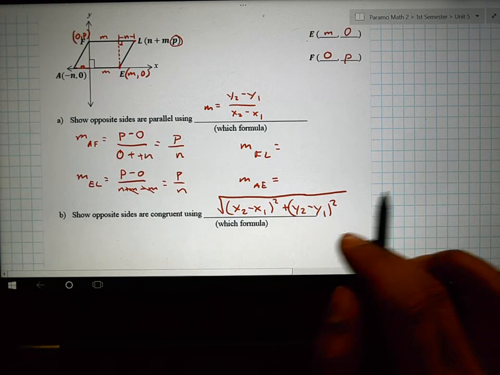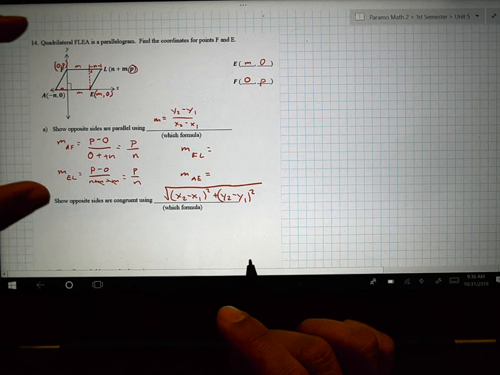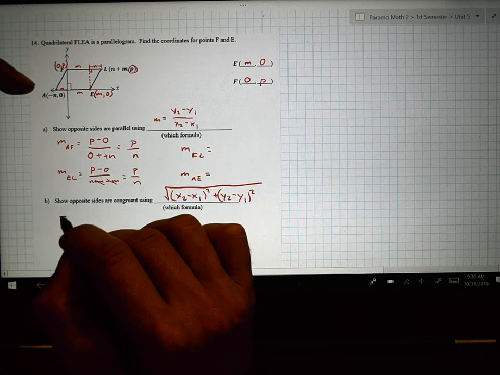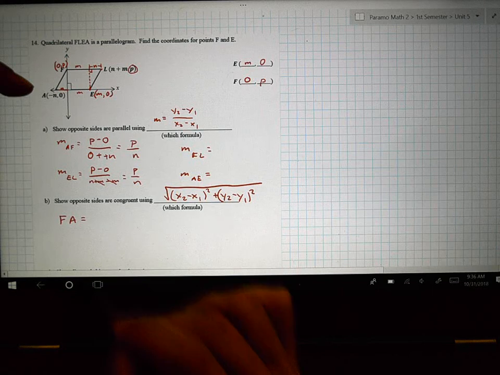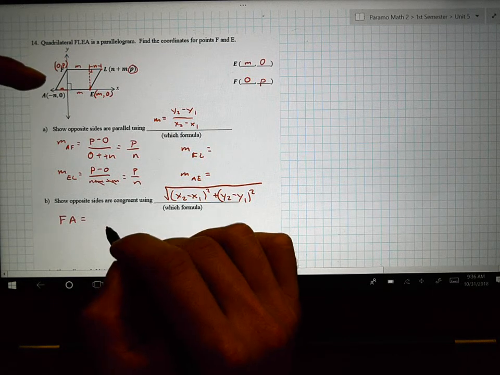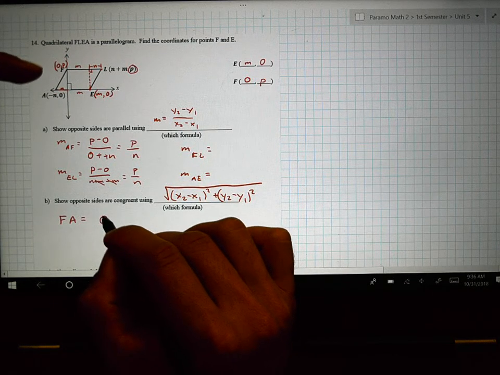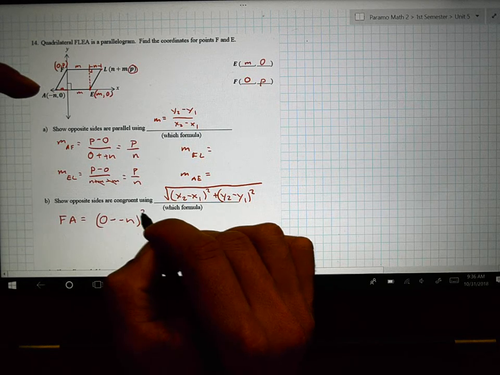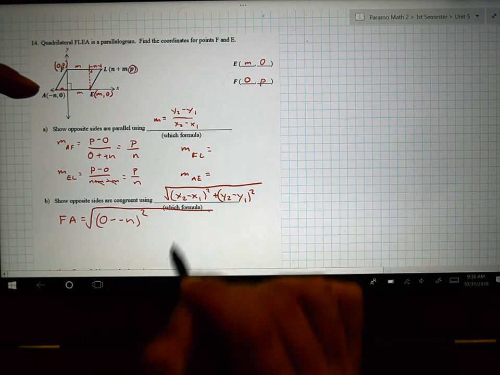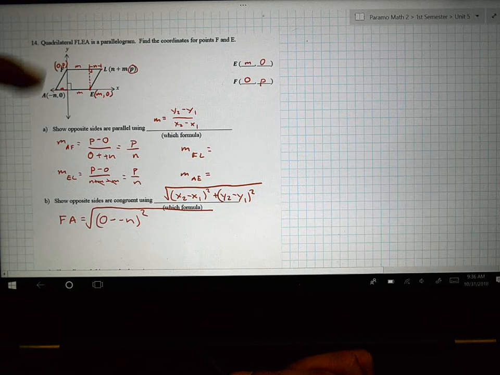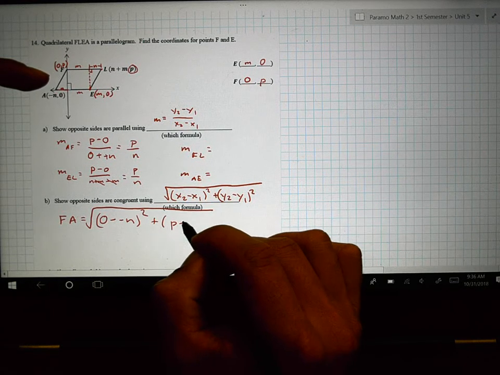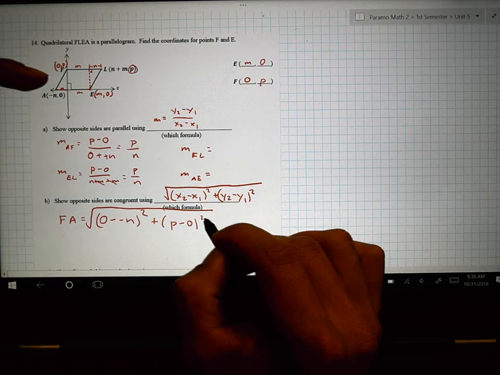Let's do the distance of FA again. I'm going to do 0 take away negative n squared. I'm going to do that first. Those are my x's, subtracting. Then I'm going to do my y's, y minus the other y squared.